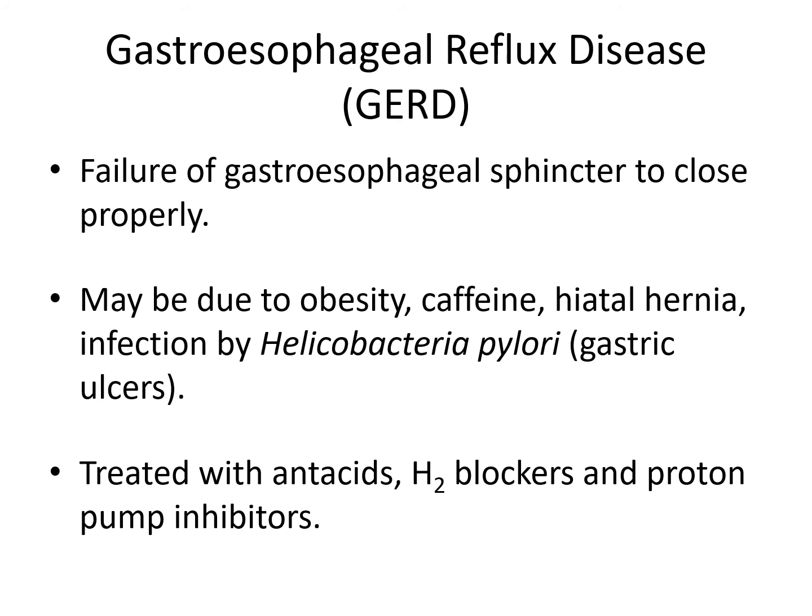It can be due to a number of reasons, such as obesity, caffeine, a hiatal hernia, or infection by a bacteria called Helicobacter pylori, which produces gastric ulcers. So gastric ulcers are due to a bacterial infection, and of course it's treated with antacids, histamine blockers, and proton pump inhibitors.